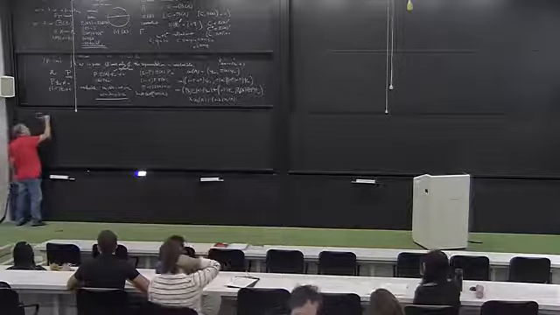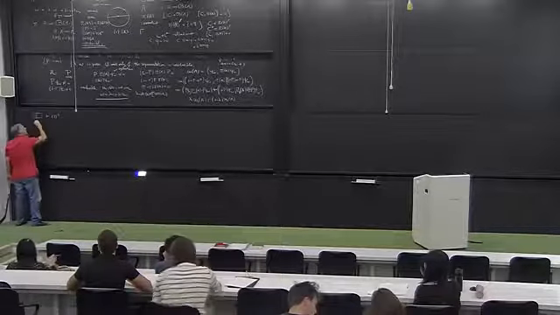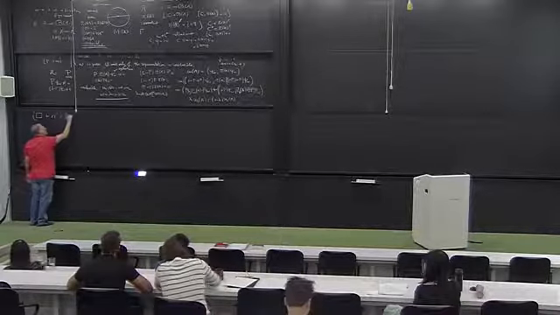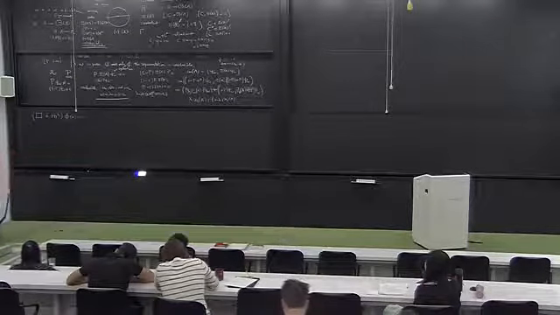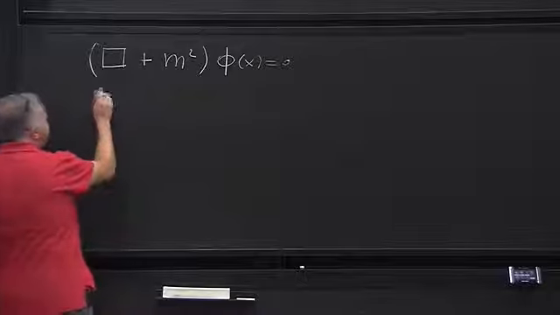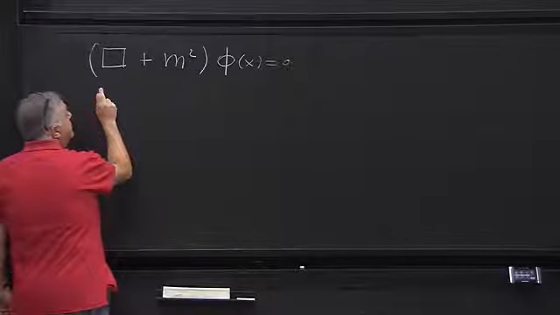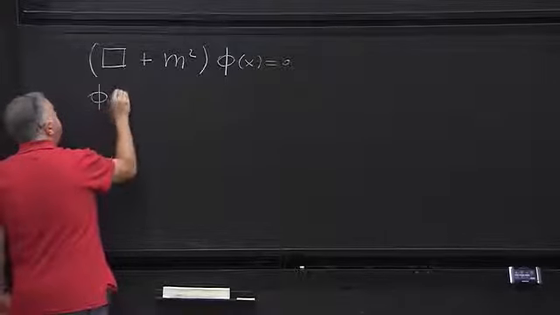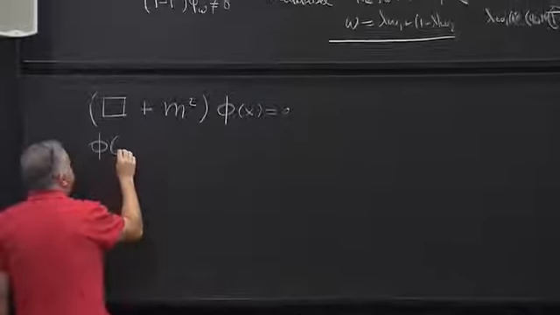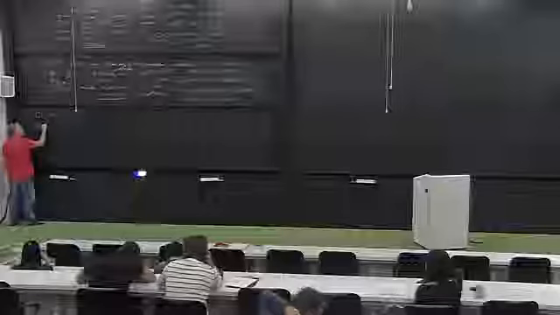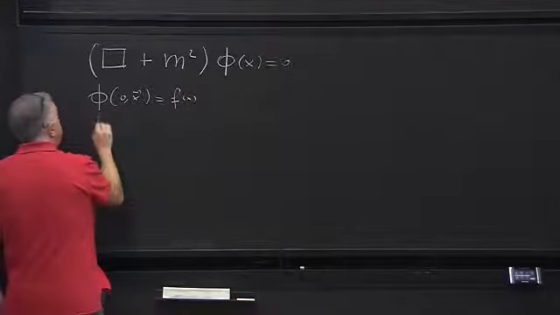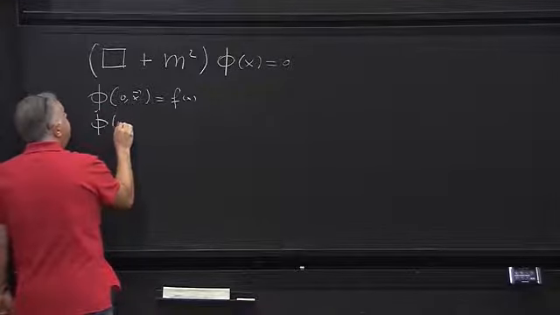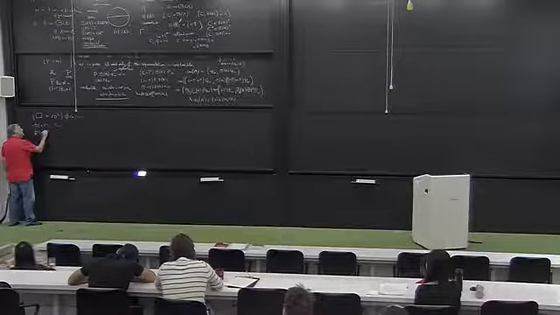So we are considering the classical Klein-Gordon equation. And we were considering here the Cauchy problem, meaning that we are giving initial conditions on the field and on the normal derivative of the field to the time zero surface.